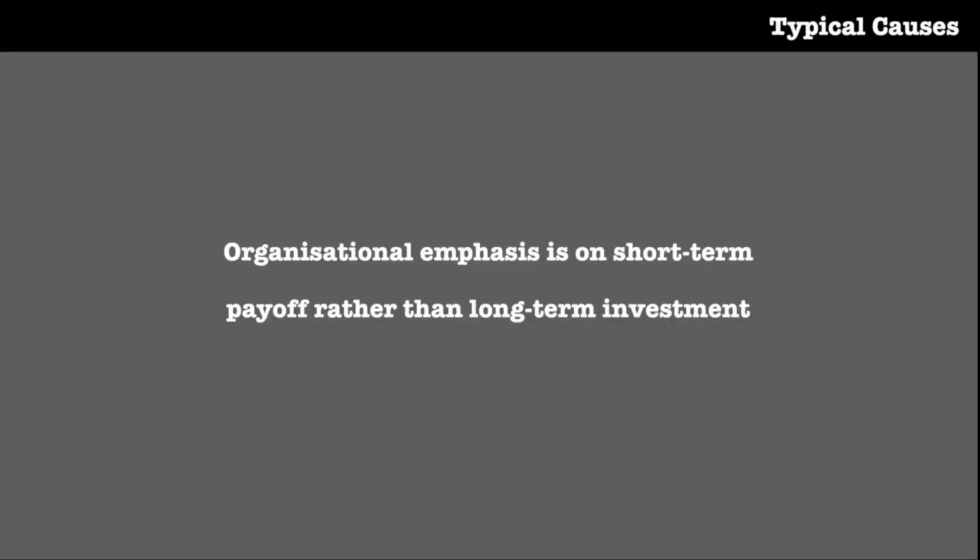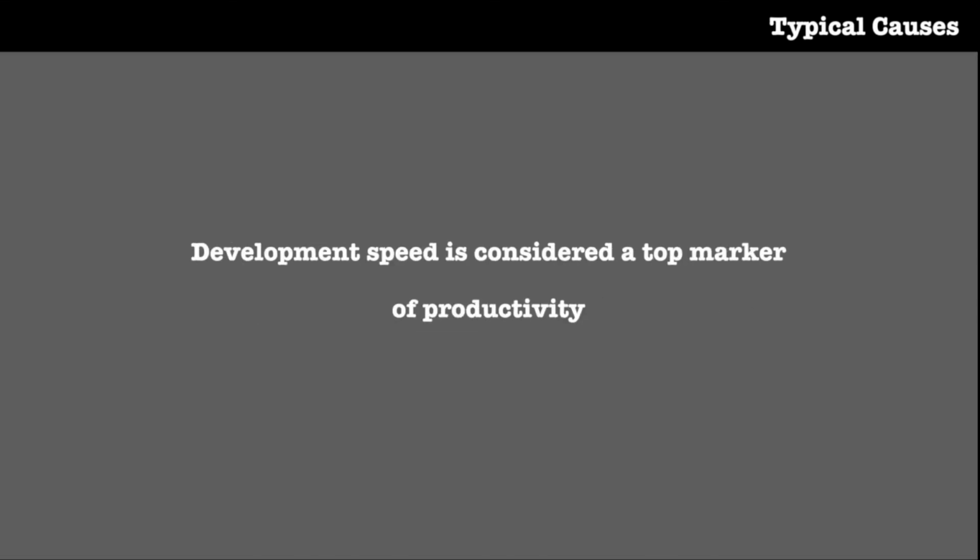Stuff just costs more. And the typical causes of this are things like organizational emphasis on short-term payoff rather than long-term investment. You know, it's a quick throw it over the wall, get it out there kind of attitude without ever actually going back and sorting things out. Development speed may be a top marker of productivity in your organization.